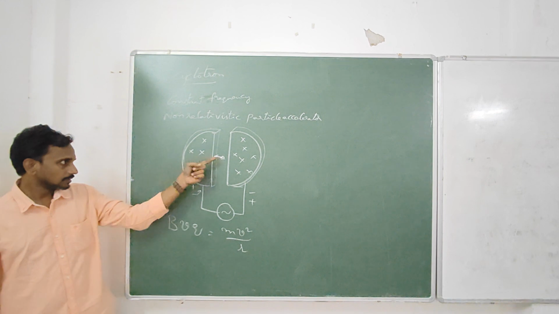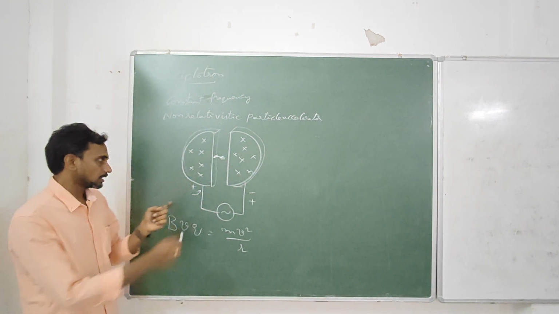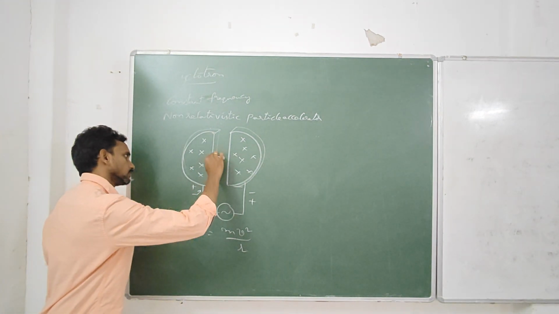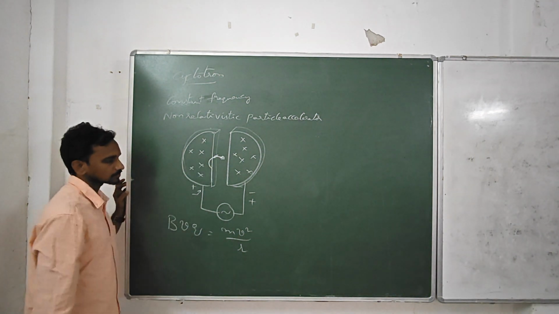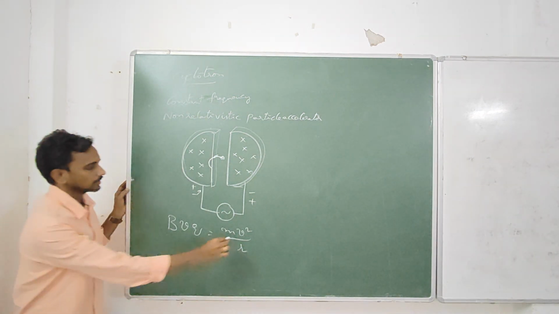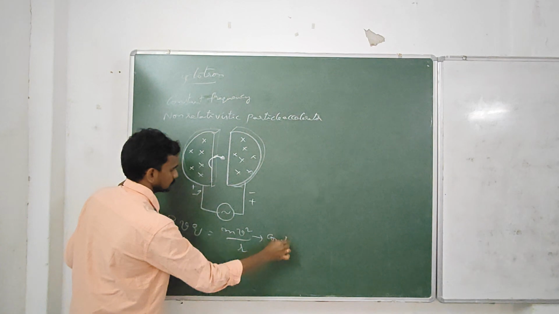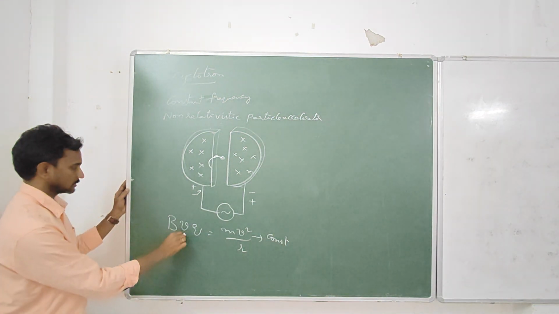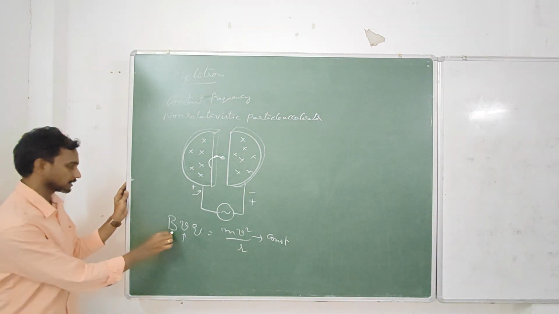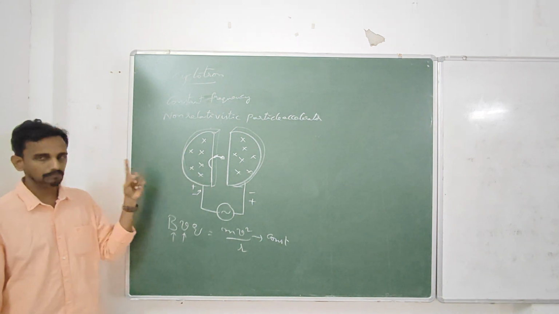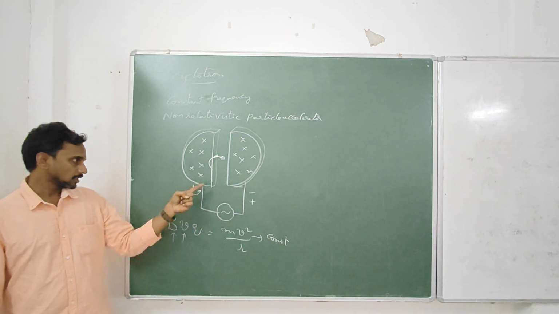Then this particle will move in a circular path with constant speed. So here V is constant for a particular speed and for a particular magnetic field. Here I am fixing the magnetic field strength.